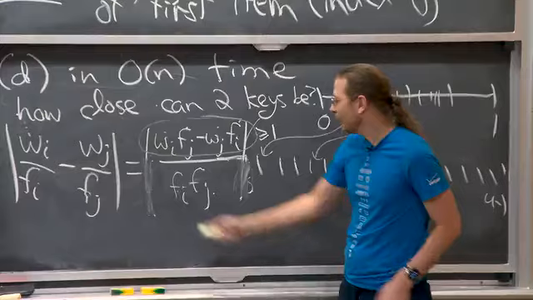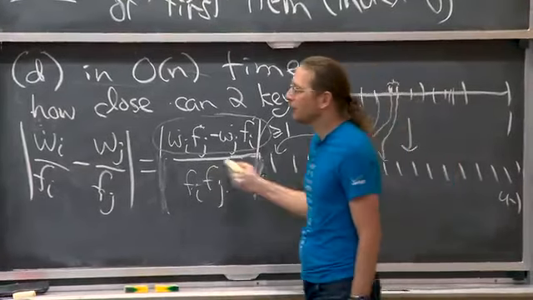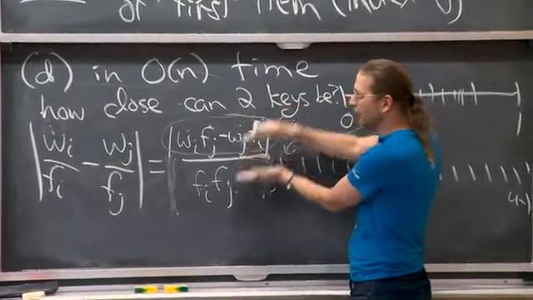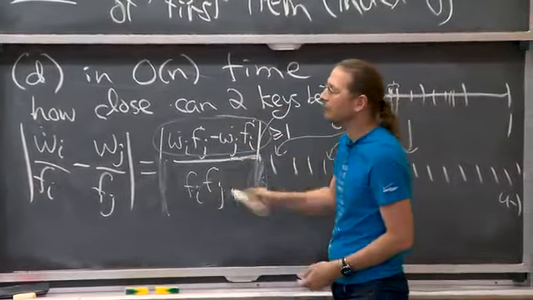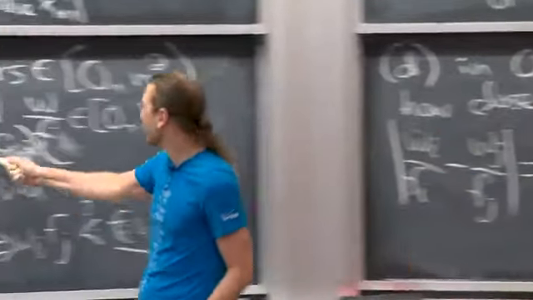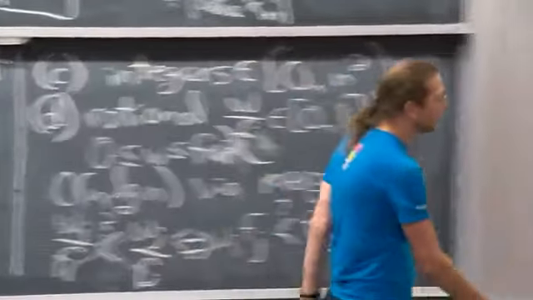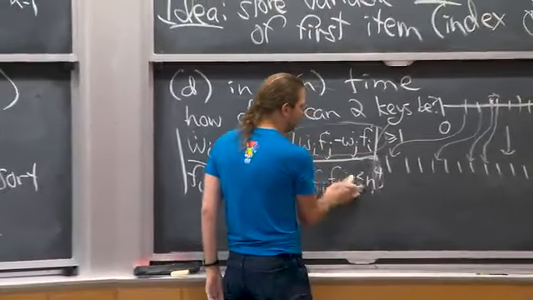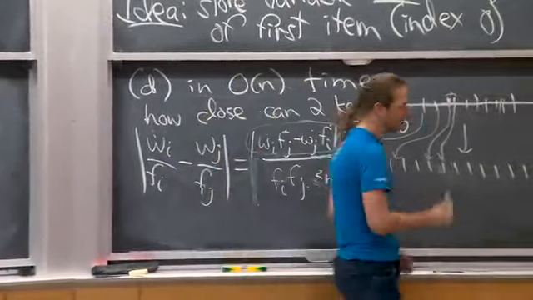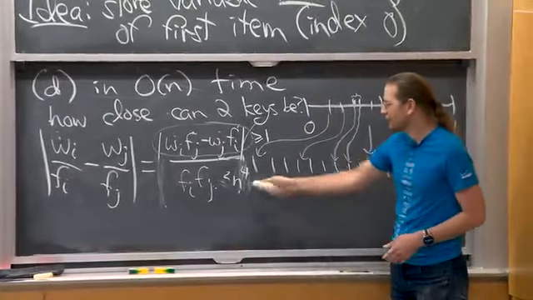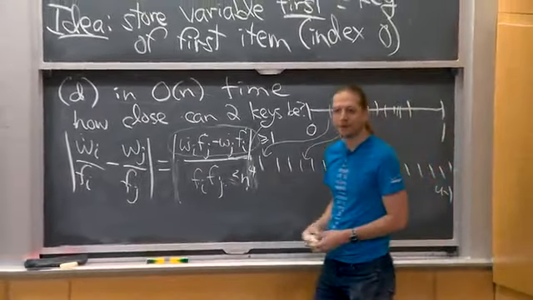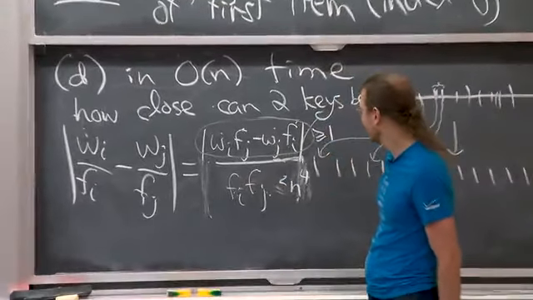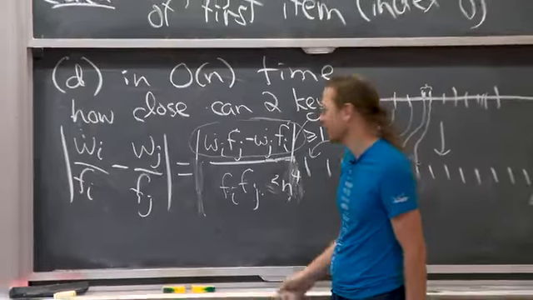What about the bottom? I want to know how small this ratio can be. It's going to be small when this is small and this is big. How big could fi fj be? Well, we're told that all the f's are less than n squared. So fi is at most n squared, fj is at most n squared, so it's n squared squared, which is at most n to the 4th.